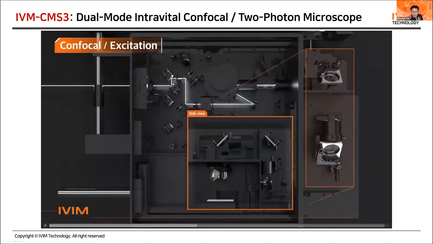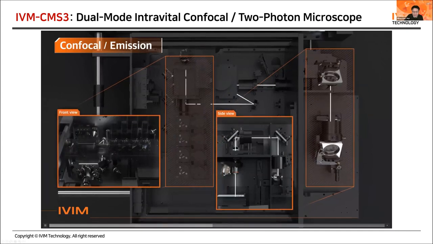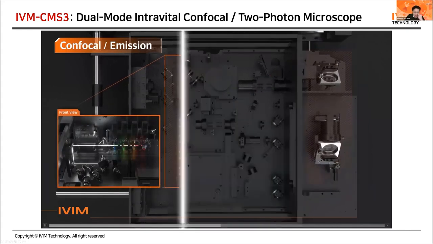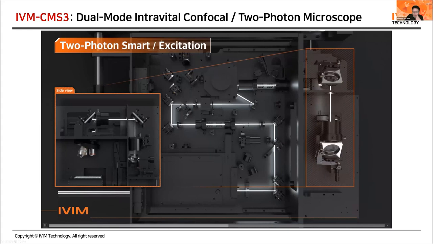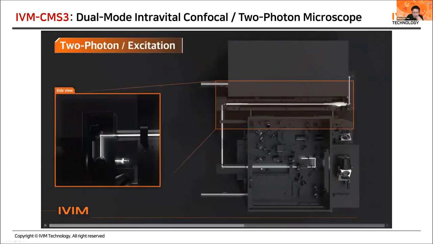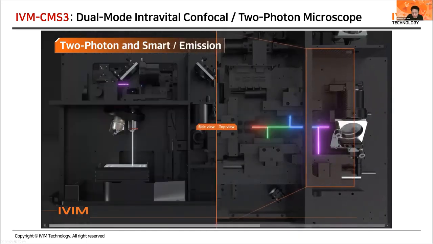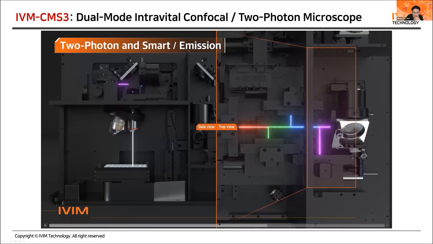Inside, we integrated both the confocal excitation system and 4 detectors for the confocal, and also the two-photon. This is the two-photon laser inside, and we include an additional 4 detectors for two-photon imaging as well.